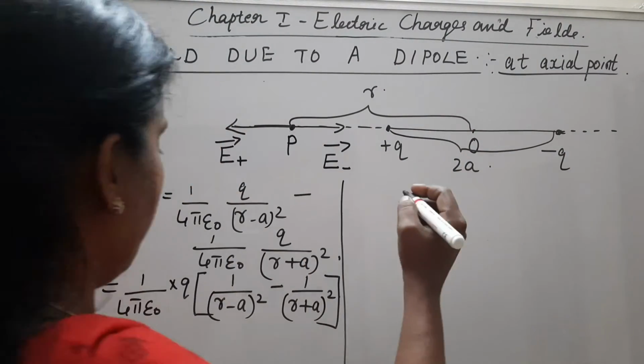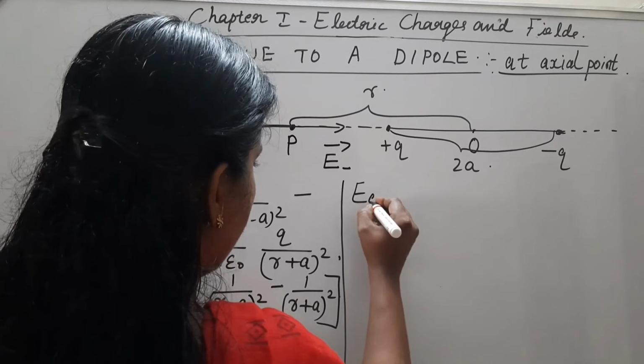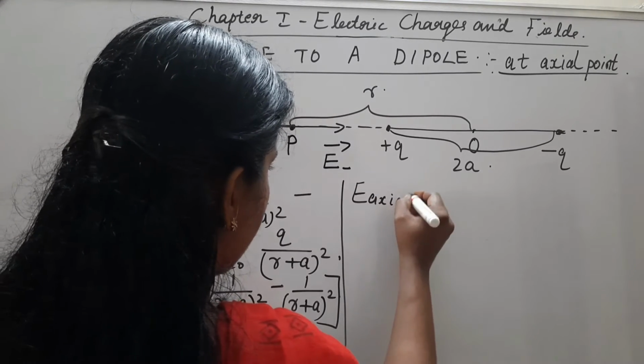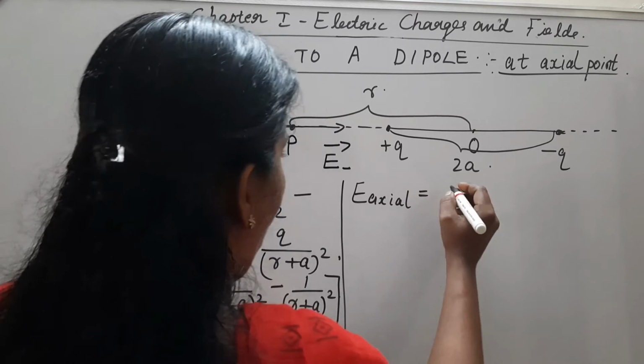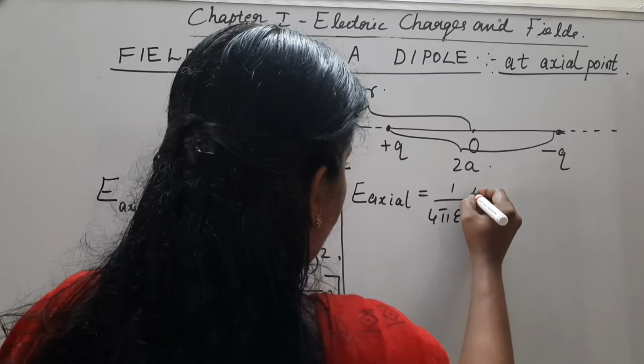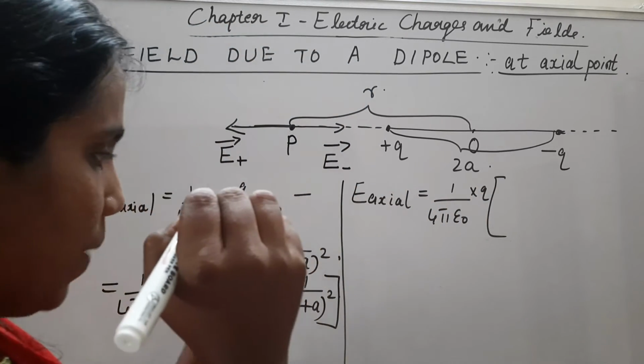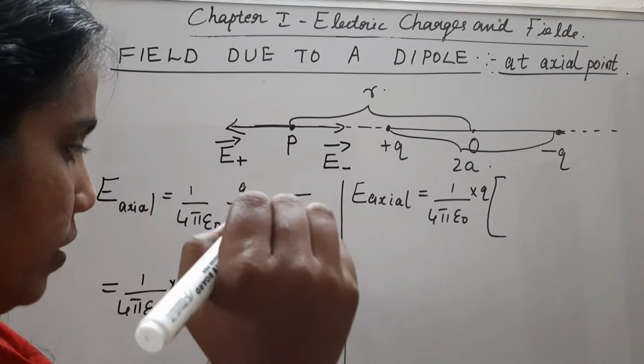Now on simplifying, we have E axial is equal to 1 by 4 pi epsilon 0 into Q into, within bracket you can expand and simplify.